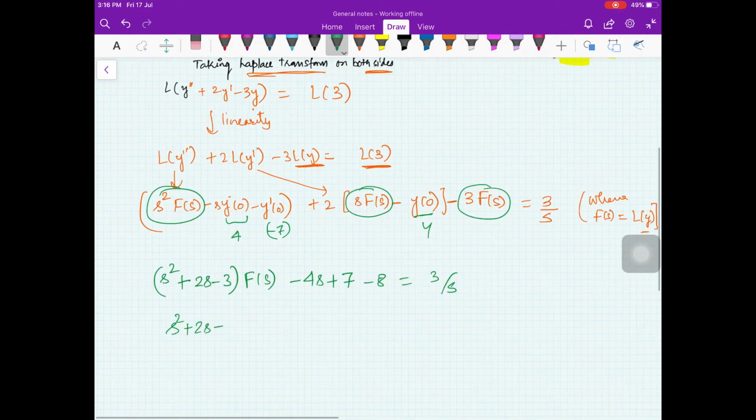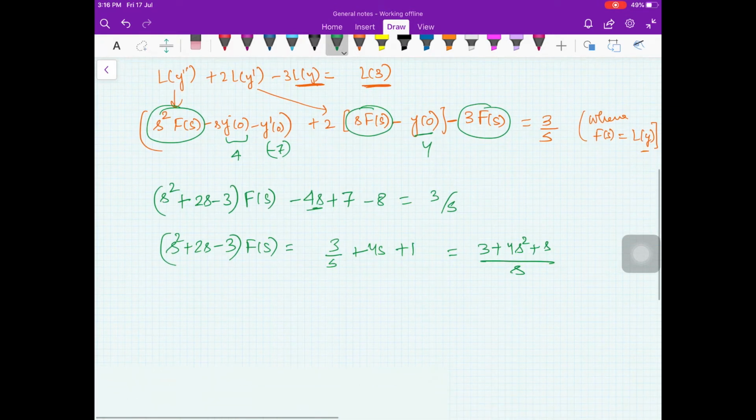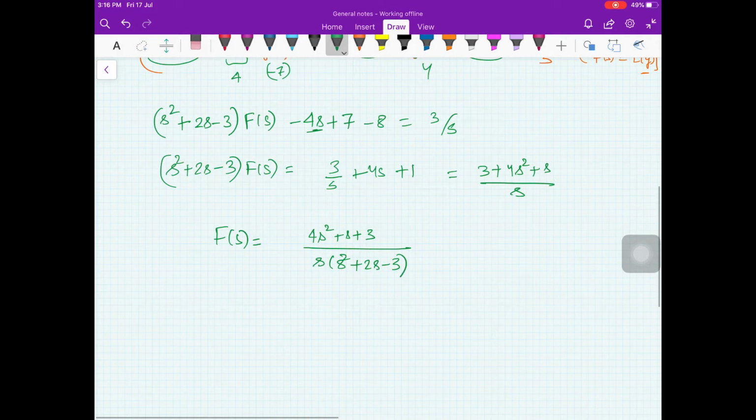So you get s square plus 2s minus 3 times F of s is equal to 3 by s plus 4s plus 1. So this will be 3 plus 4s square plus s upon s. So you get F of s is equal to 4s square plus s plus 3 divided by s into s square plus 2s minus 3.